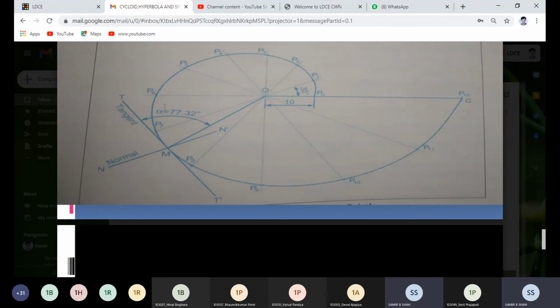Extend the line MT on the other side of the point M to get the line TT dash. Line TT dash is the tangent, and draw the line NN dash which is perpendicular to the line. So line NN dash is the normal to the logarithmic spiral at the given point.